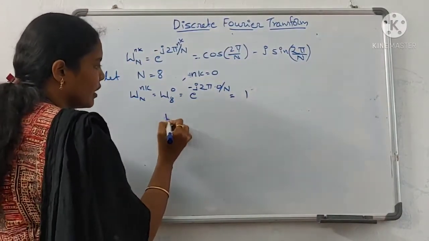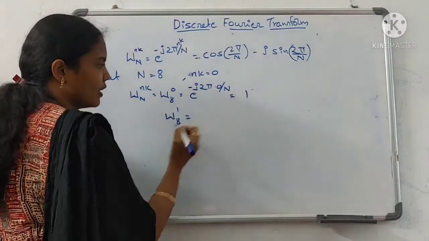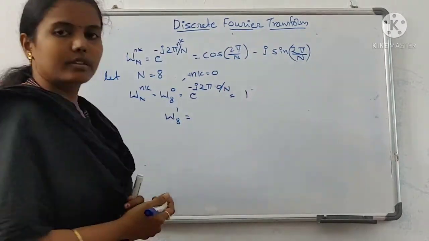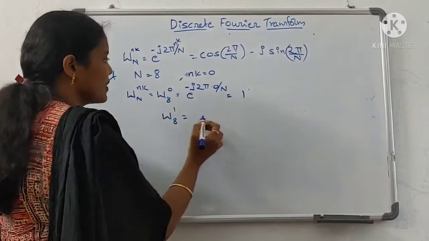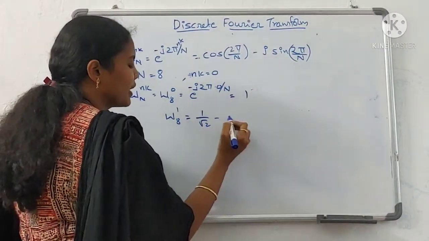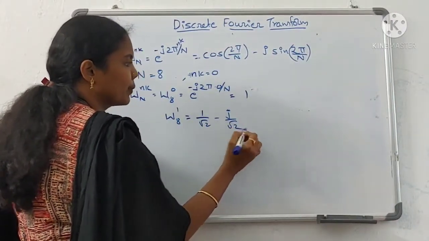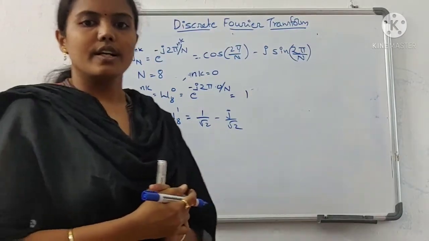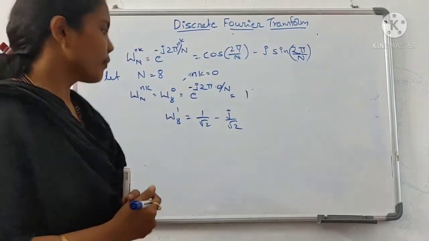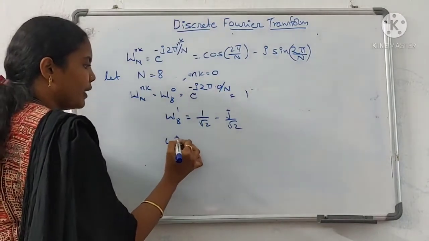In the same way, the W8 power 1 value is 1 by root 2 minus j by root 2. What is the W8 power 2 value?